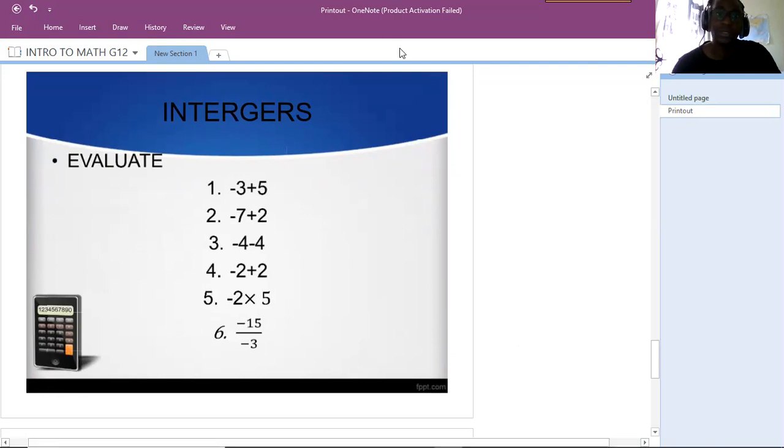So how am I able to remember this? You can say, can you say plus minus? Yes. Plus minus.